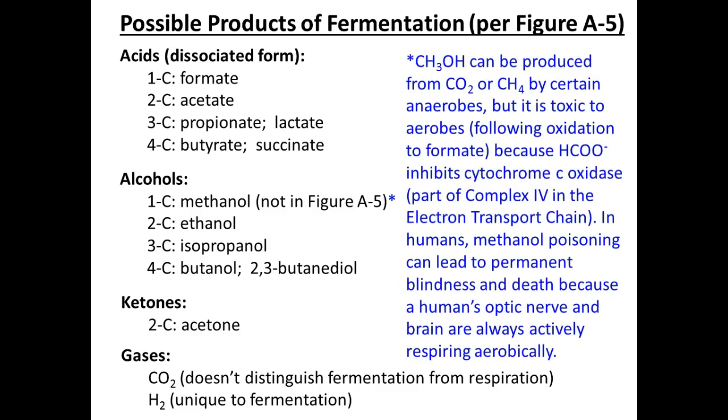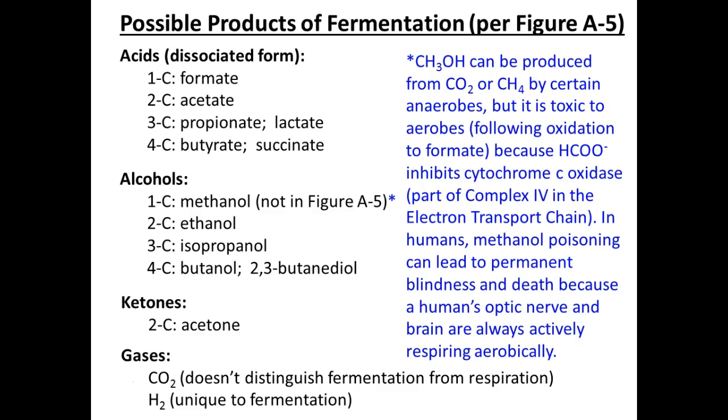So methanol can be produced by some anaerobes. And so they're actually not using oxygen as the final electron acceptor, right? They're using something else. This is toxic to aerobes and interferes with our electron transport chain, which is why you should not drink methanol, right?